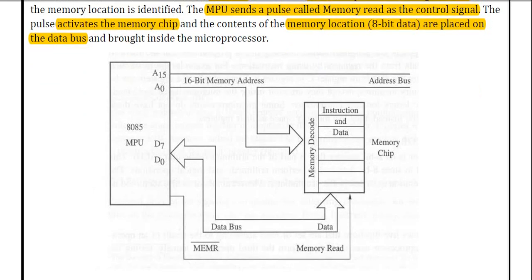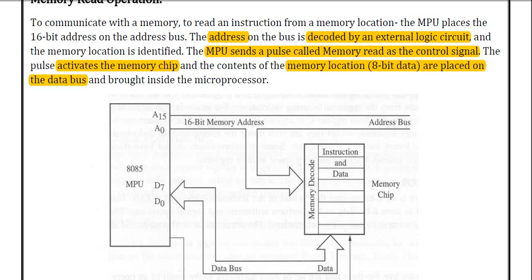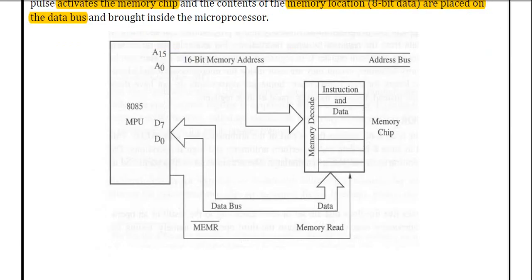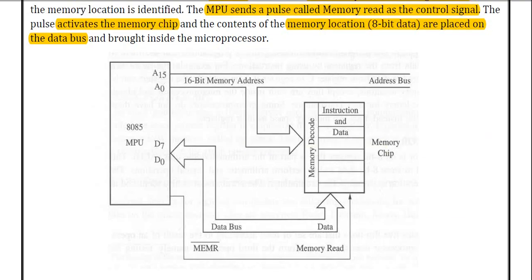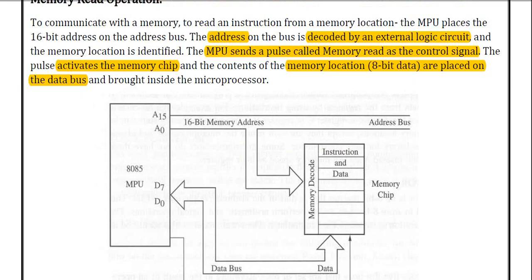That means first we need to know the address and then decode it by a logic circuit. In this section of the MPU, a signal is generated, which is MEMR, and it goes to the memory decoder, and then the address is generated.